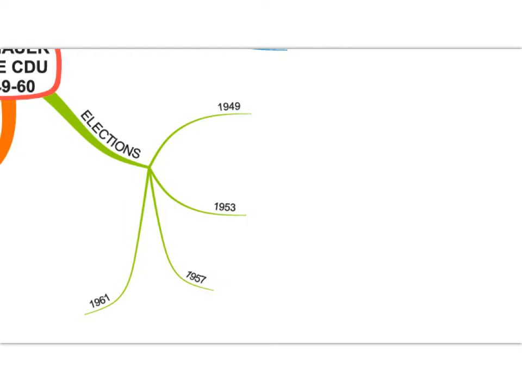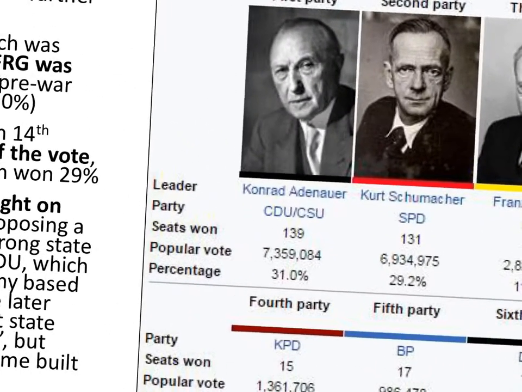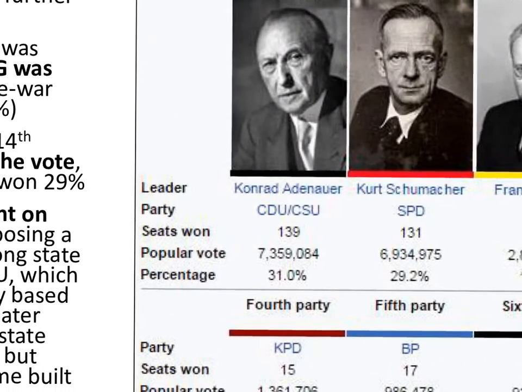We then looked at the elections. The first elections of the new West Germany were in 1949. The CDU had the backing of the Catholic Church, and remember also that the CDU had the backing of the CSU, which was the Bavarian version of the CDU.